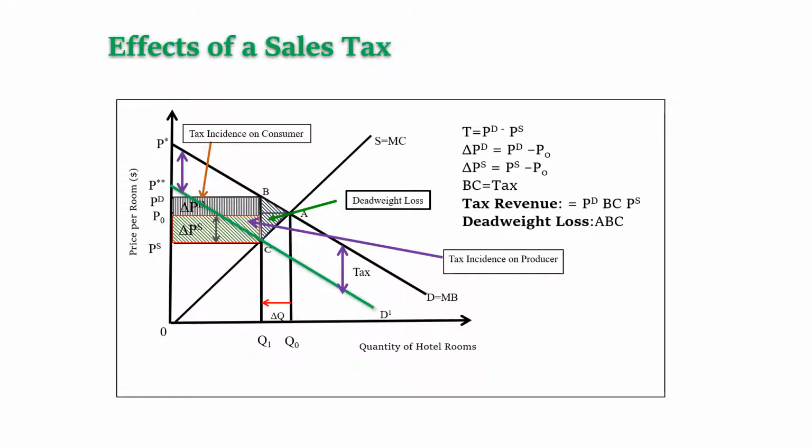If we see here, the wedge that is created between the supply price and the demand price is BC. So BC is the tax, and the deadweight loss is just BA.